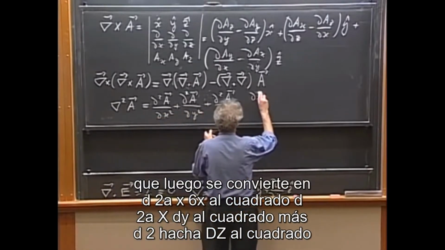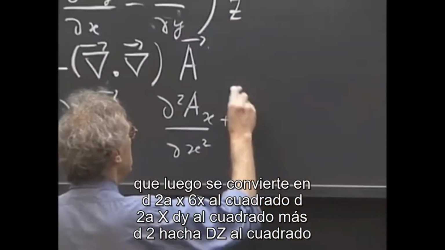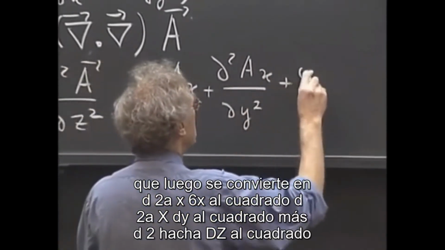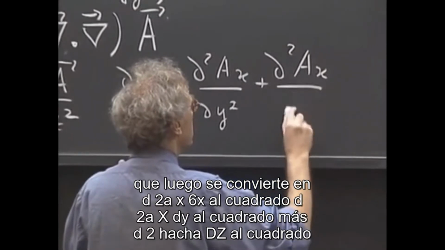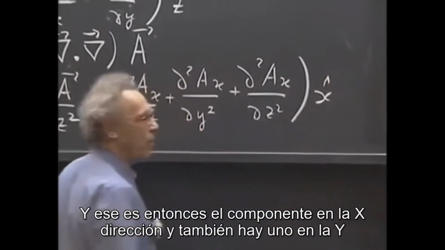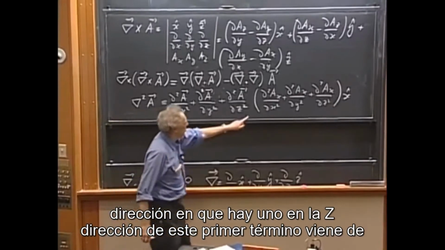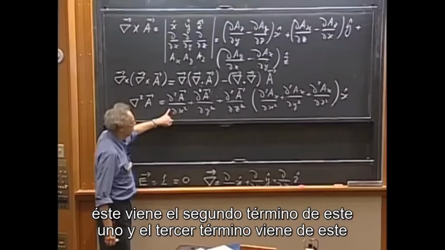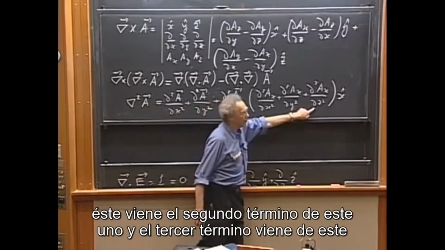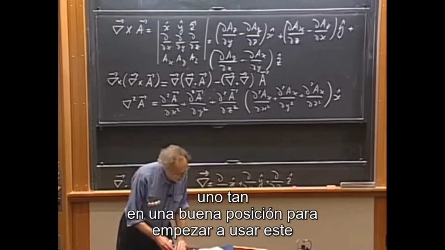So I will only do the component in the x direction, which then becomes d2Ax/dx squared, d2Ax/dy squared, plus d2Ax/dz squared, and that is then the component in the x direction. And there's also one in the y direction, and there's one in the z direction. This first term comes from this one. The second term comes from this one, and the third term comes from this one.